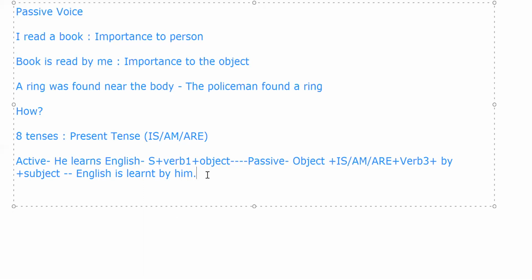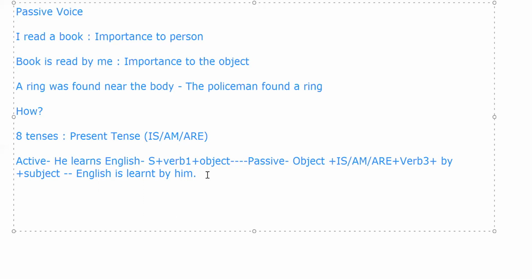Now we will move to the next tense quickly, that is present continuous. Following the same criteria, the helping verb will be is, am, and are. The active sentence will be: he is reading English, which brings us to the formula: subject plus is, am, are plus verb's first form with ing plus the object.